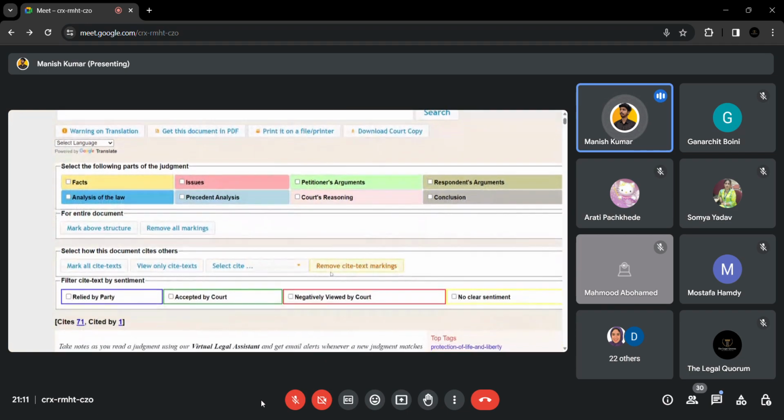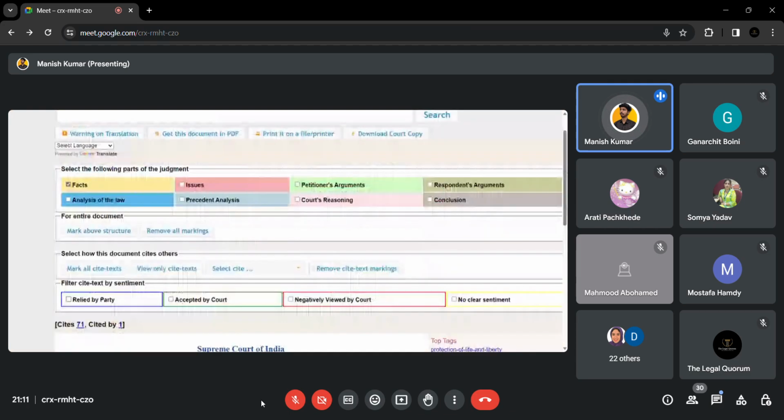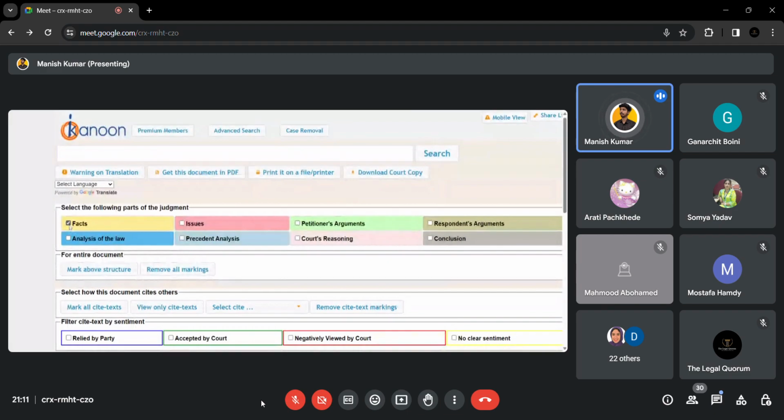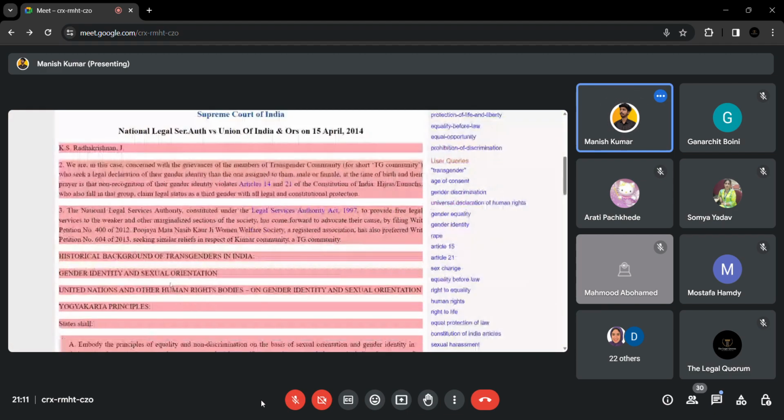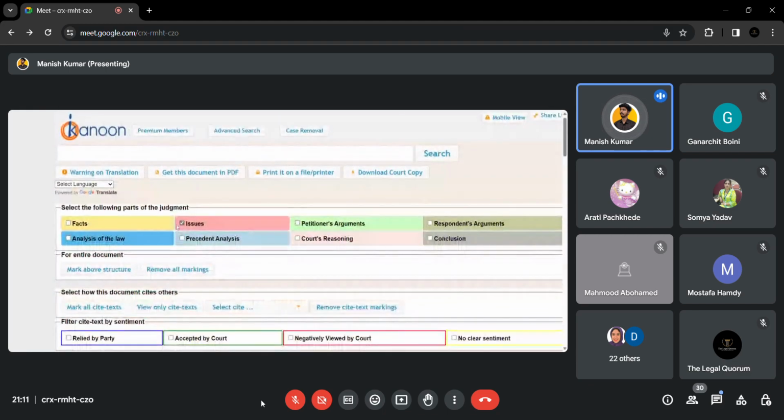I'm not aware how well this works, but you can figure it out. You can just take on facts and the paragraphs which are related to facts will be highlighted. Same for issues. The relevant paragraphs will be highlighted. So you can use this and figure out how well it works. I have not tried this yet.